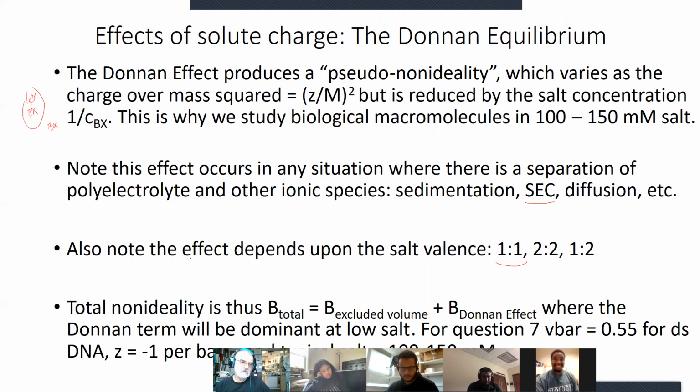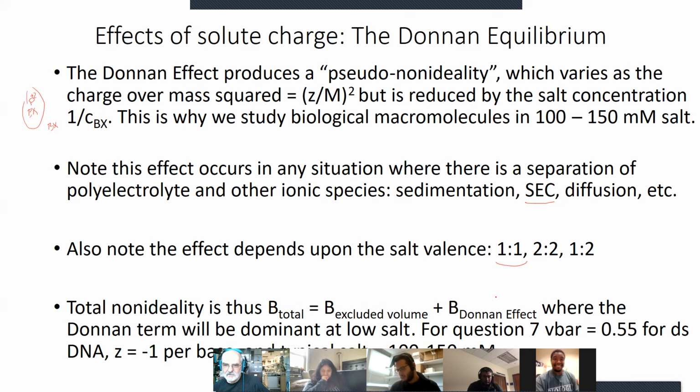So the point of all of this is that when we have real solutions, non-ideal solutions, the total virial coefficient will include an excluded volume term and a Donnan effect. And the Donnan effect will be the bigger effect at lower salt. However, if you add salt, it will diminish the Donnan term and the excluded volume term will become predominant.